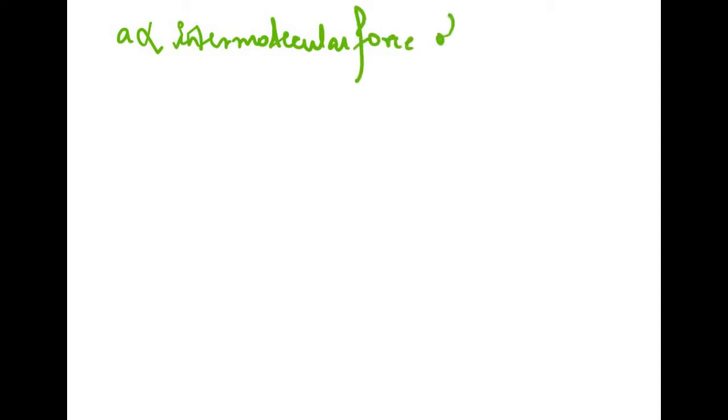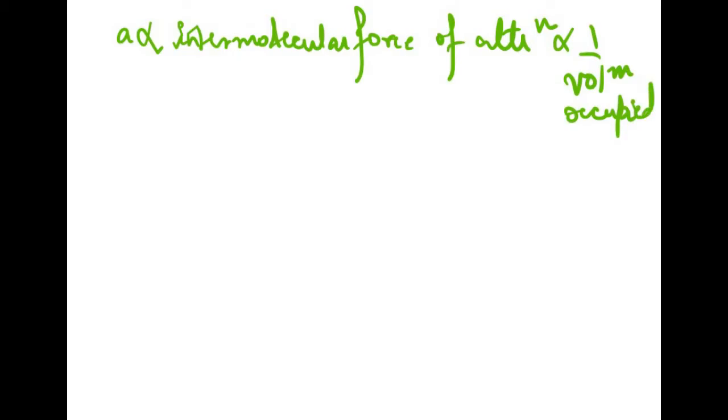So the value of a is inversely proportional to volume occupied. The one having the lower value of a should have a greater volume, so c should have a greater volume than a. That is one conclusion we can jump to.